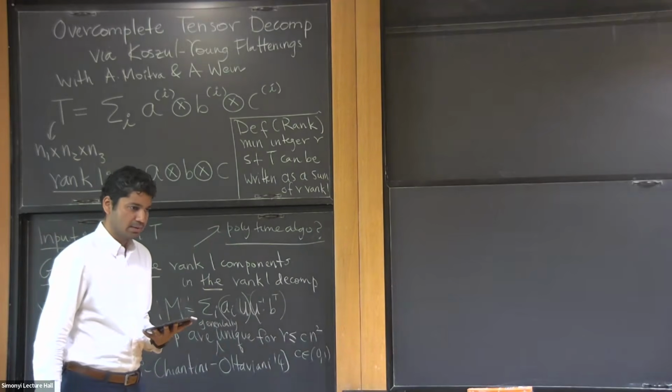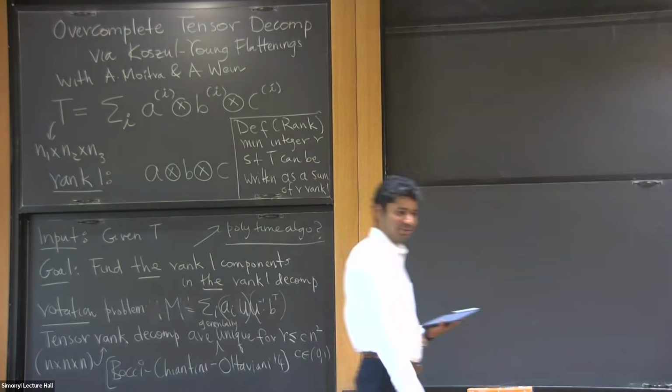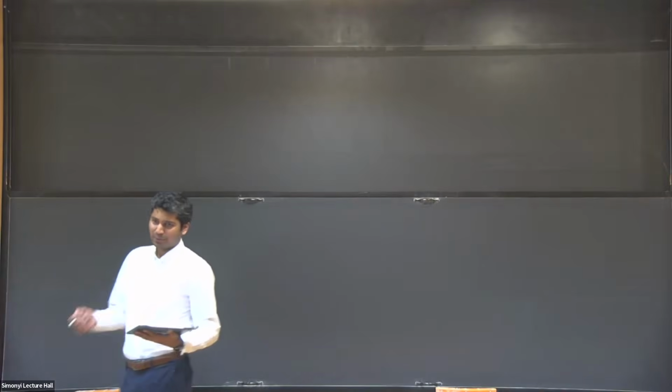What's the best hardness of approximation? Yeah, I looked it up just before coming here. It seems to be 1 plus some constant. Presumably it should be much, much better, but this is the best we've got. I didn't search too hard.